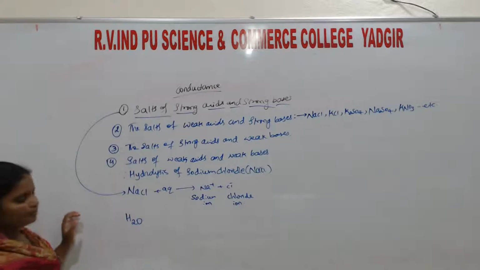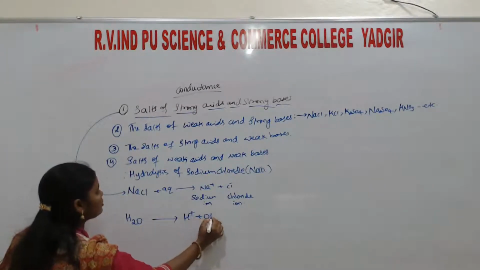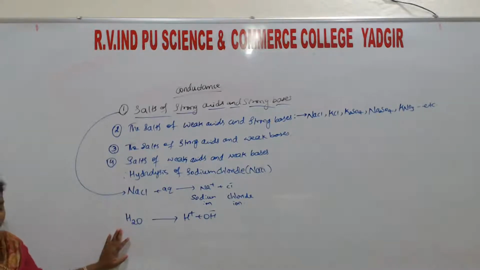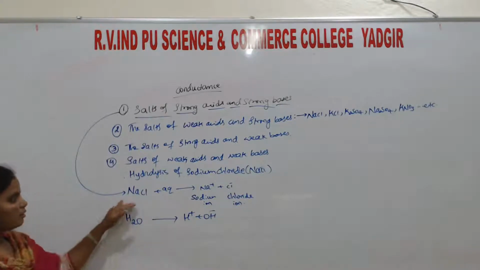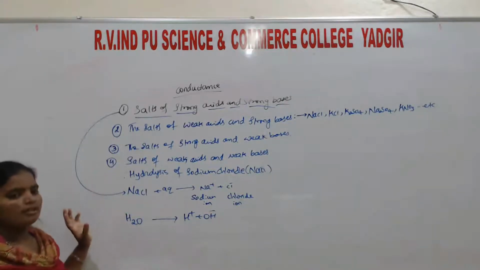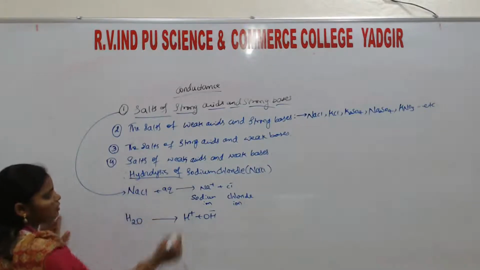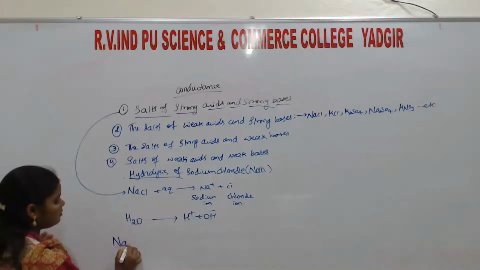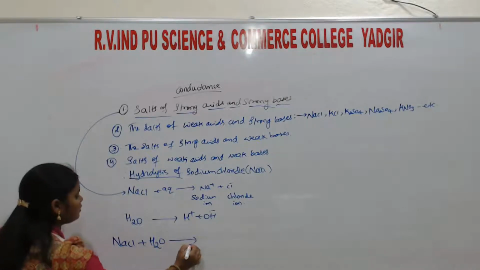Then H2O forms H+ and OH- ions, the hydrogen ion and hydroxyl ion. You can write the overall reaction of the hydrolysis of sodium chloride: NaCl plus H2O.